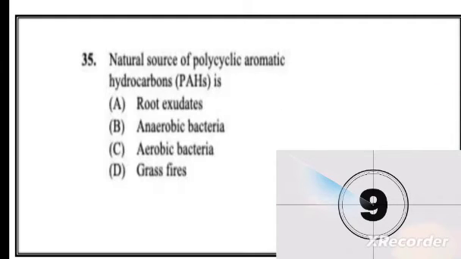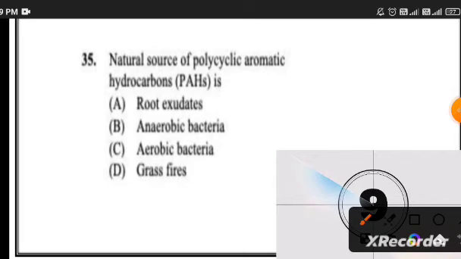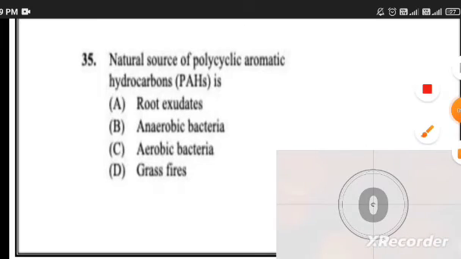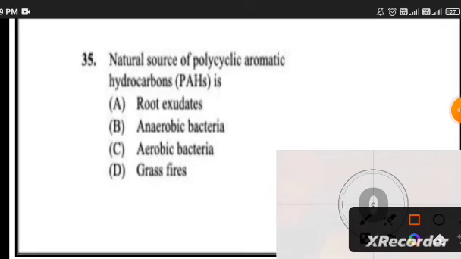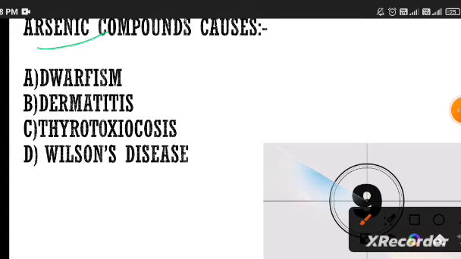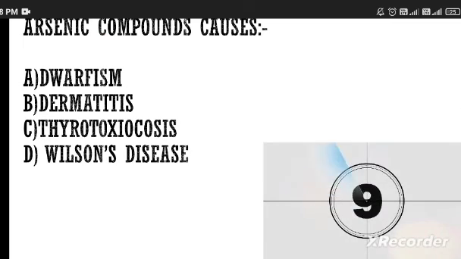Next question is, which of the following is the natural source of polycyclic aromatic hydrocarbons? And here the correct option will be option D, that is grass fires. Next question is, which of the following is caused by arsenic compounds?